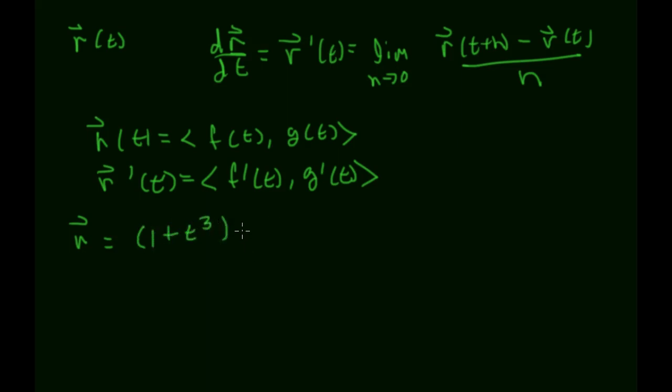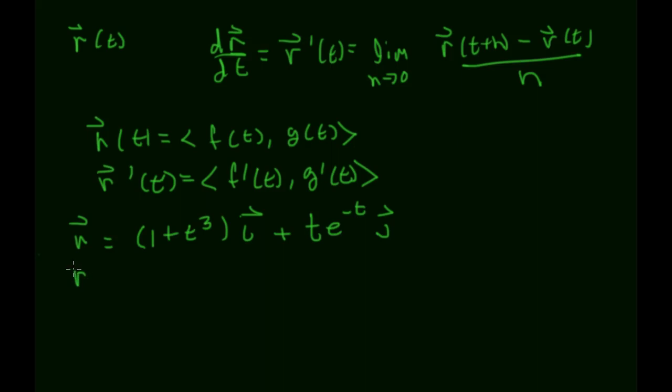So if I have 1 plus t cubed times i, so that's the first component, plus t e to the negative t times the vector j. Then we're going to take a derivative here, right?